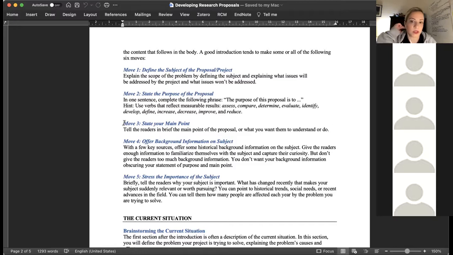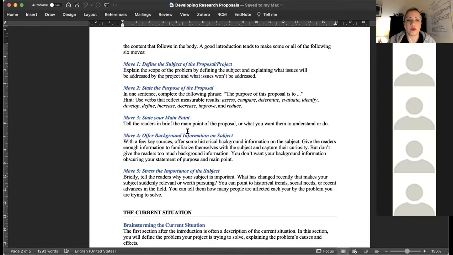So this is the verb that you will use, and then you tell me what it will be doing. Number 3, the introduction states the main point. It tells the reader in brief the main point of the proposal or what you want them to understand or do.